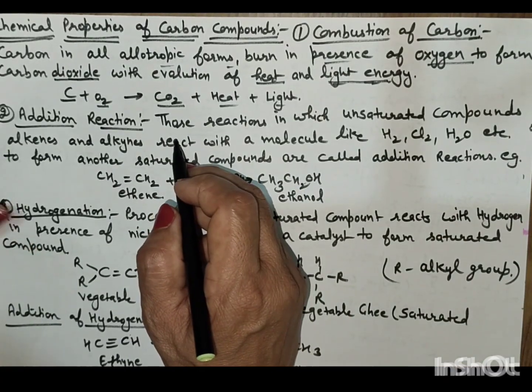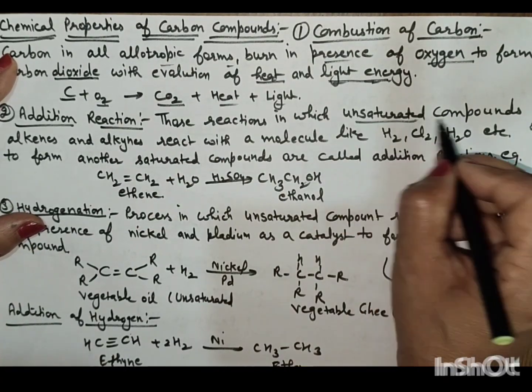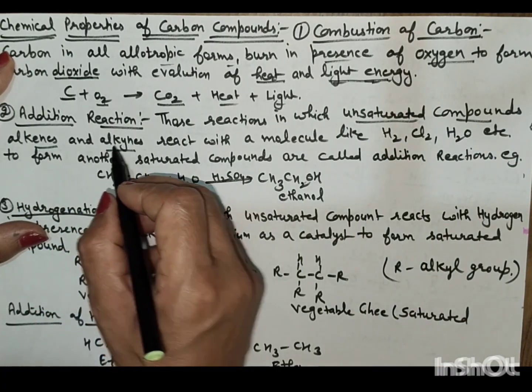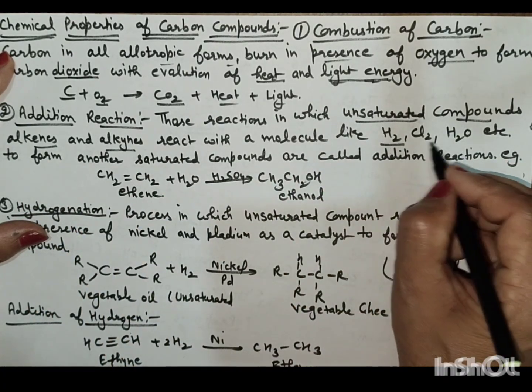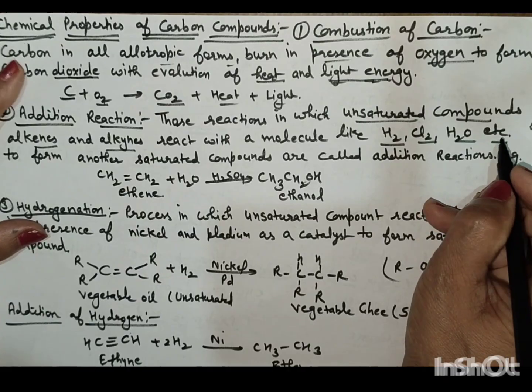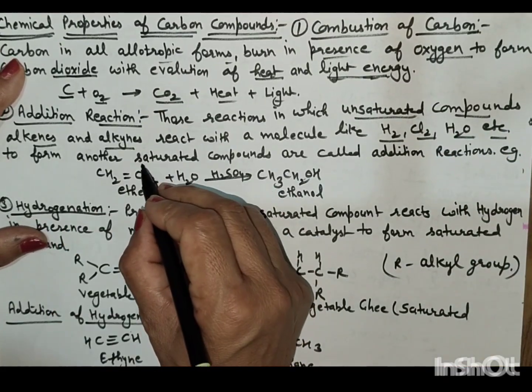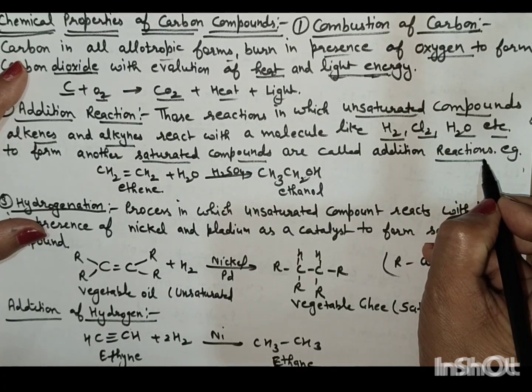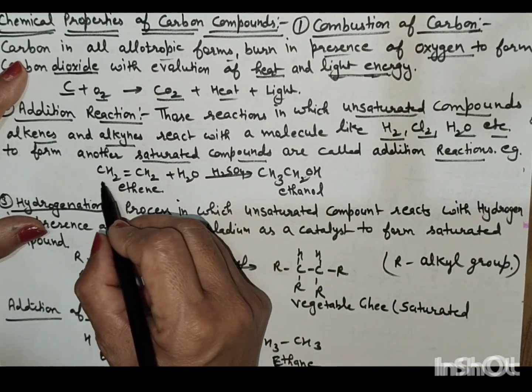Addition reaction. Those reactions in which an unsaturated compound like alkenes or alkynes reacts with a molecule like H2, Cl2, H2O, etc., to form another saturated compound are called addition reactions. Addition means add.